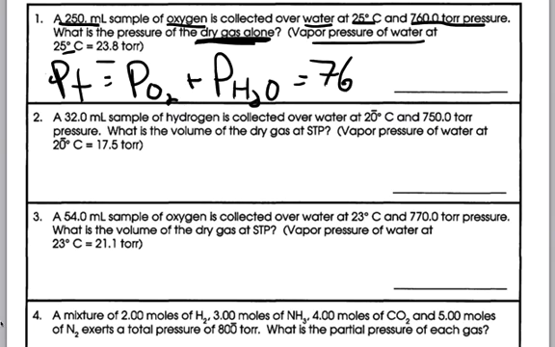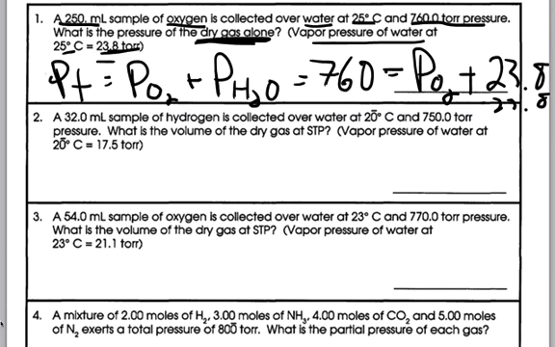The total pressure, like it said, is 760. The pressure of the oxygen is what we want, and we know the partial pressure of the water vapor is 23.8. So if we rearrange the equation, subtract 23.8 from this side and 23.8 from this side, we'll have our pressure of oxygen.